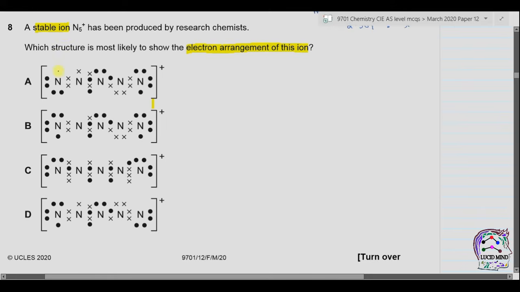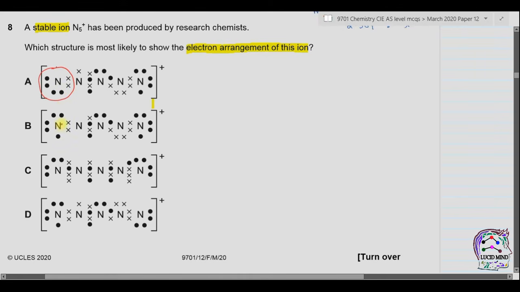By stable, we mean the octet should be complete, so there should be 8 electrons around the nitrogen atom. So in part A there are 5 nitrogen atoms, and while counting the number of electrons, we have 1, 2, 3, 4, 5, 6 electrons. So this does not seem to be the stable arrangement.